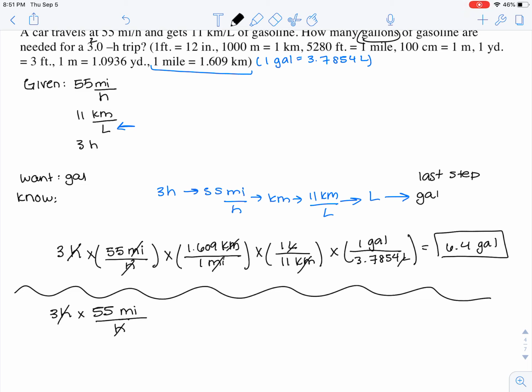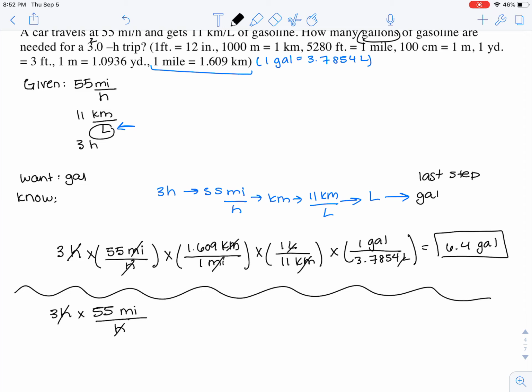Well, then I need to get rid of my miles and get gallons. I don't have anything that gives me gallons, but I do have a volumetric unit, which was the liters here. So that's what I have to use to get to the gallons later.